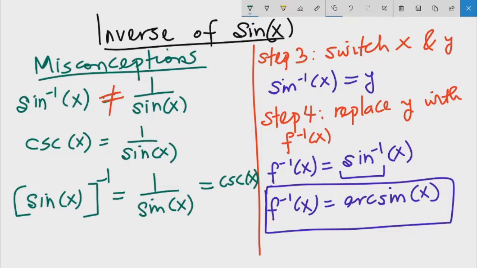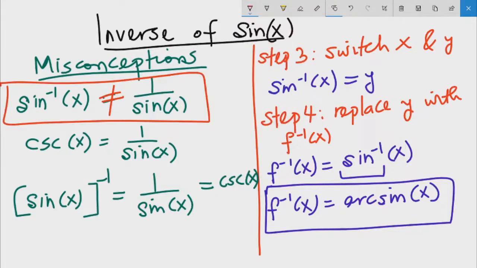So there is a difference between the inverse of sine of x and the sine of x, everything raised to the power of -1. Again, please avoid this misconception. Avoid thinking that these two are the same.